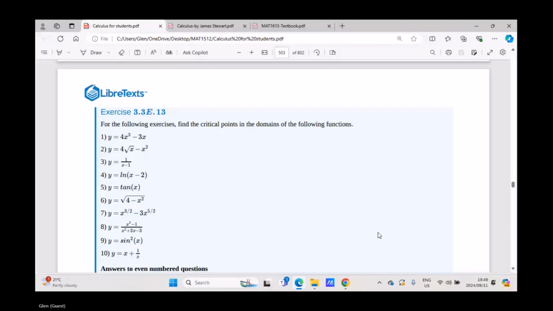When you derive the numerator and the denominator, that's where you get the answer. So to get the critical point, you first derive, then you equate, then you simplify.